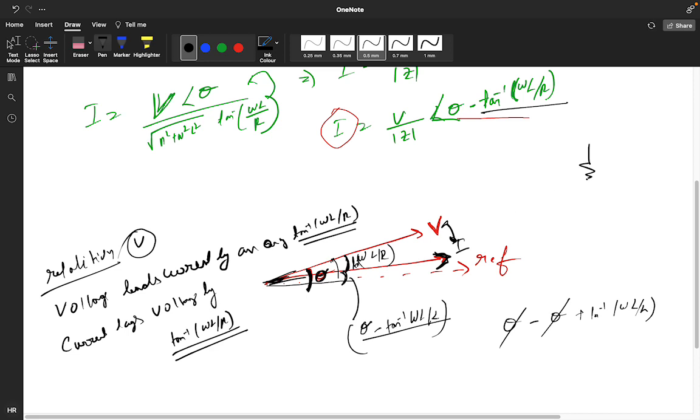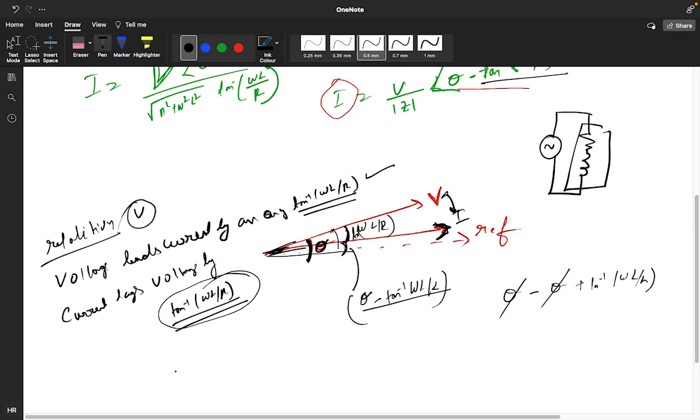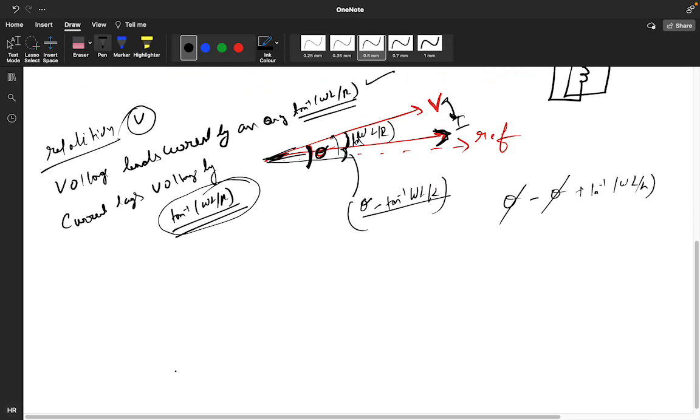So if you have an R and L network, your voltage and current relationship will be like this. Prasanna, this part is clear? Yeah. Okay, then it's fine.